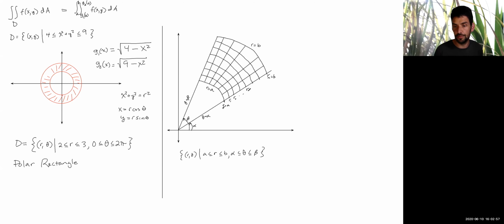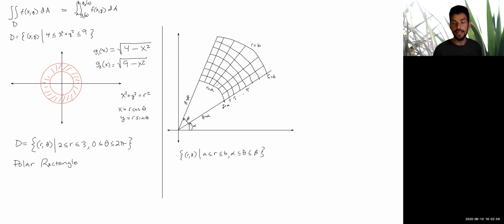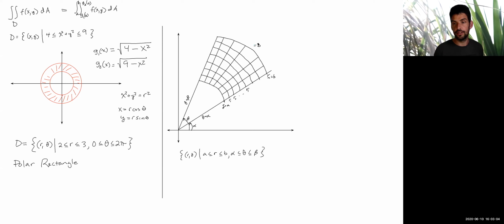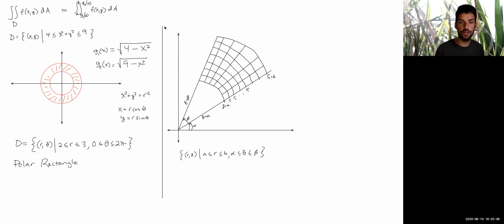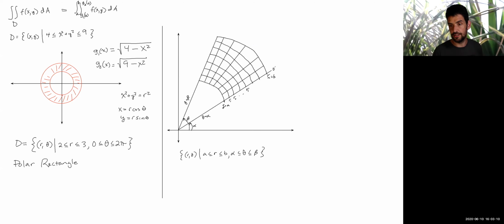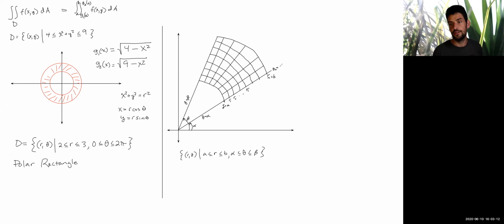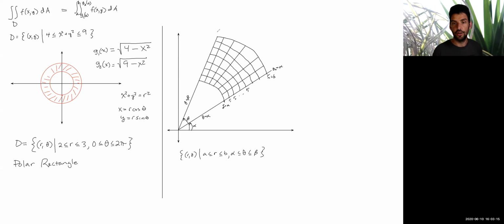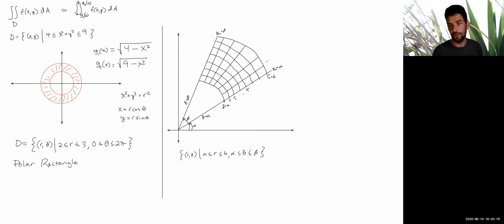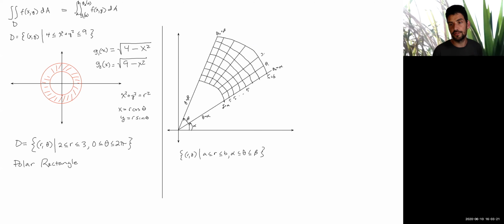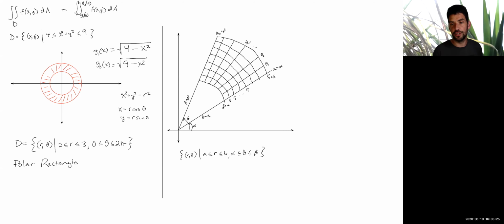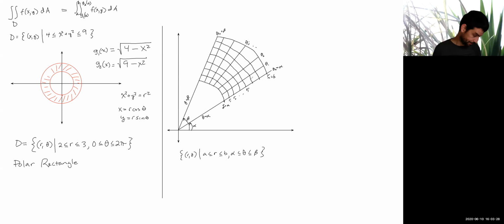We can call one in the middle R sub I. The same thing happens for theta. I'm going to divide up theta. This line here is theta naught, which is equal to alpha. Over here, I have theta n, which is equal to beta. I would have theta 1, theta 2, and on and on. Anywhere in the middle, I'll just call it theta sub j.